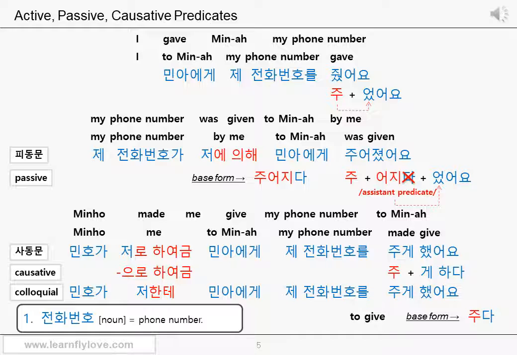We've used 한테 for the pronoun me, who was made to give the phone number to Mina by Minho. Then why now we can use the same particle 에게 or 한테 for this, since we've already used 에게 for the indirect object to Mina? Would people not be confused if we use the same particle 에게 for 저 and Mina at the same time?